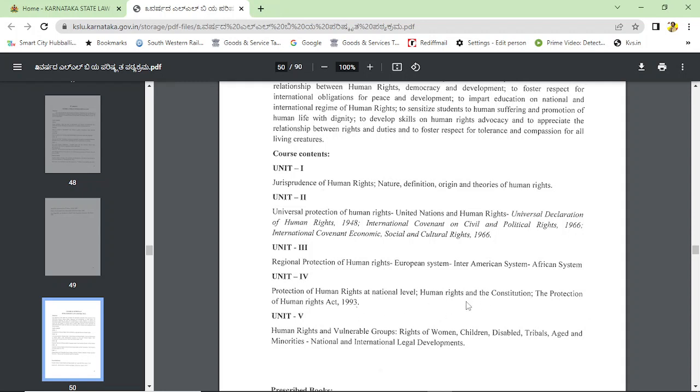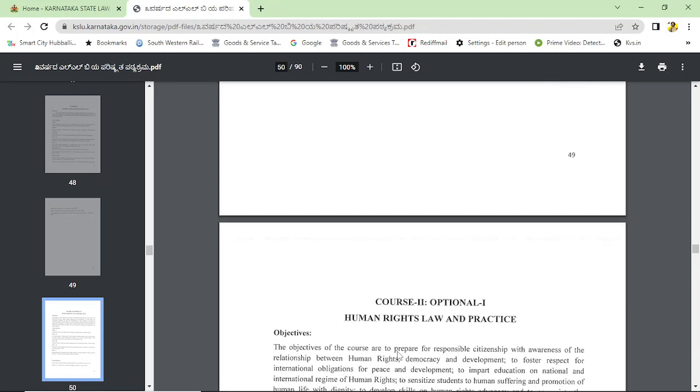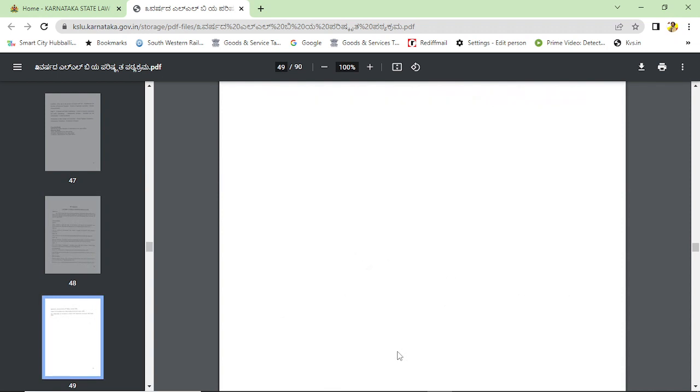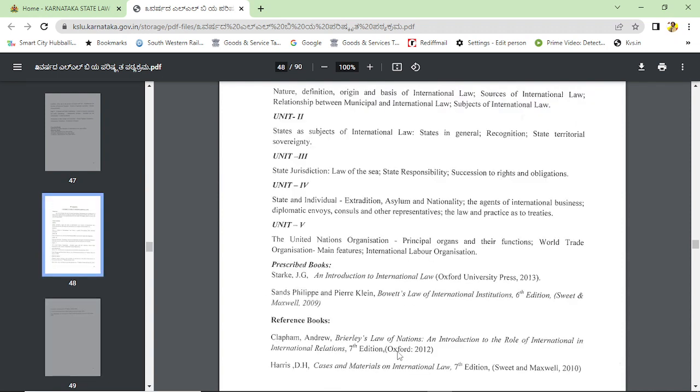Again, this is more to do with international law with respect to human rights. So what we have studied in public international law is almost overlapping in its nature. Okay, so these two have certain chapters and concepts which are overlapping. That is, the first one is international public law and human rights.